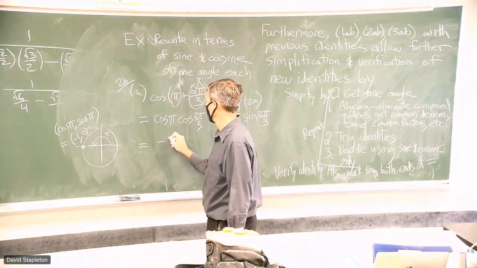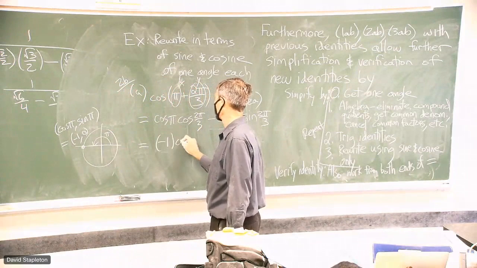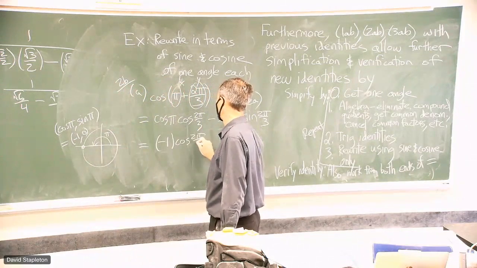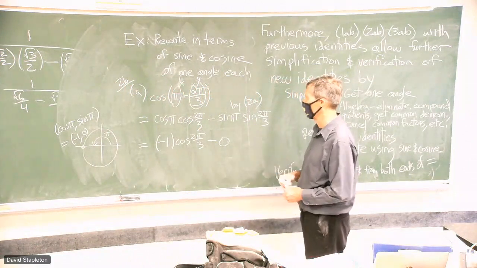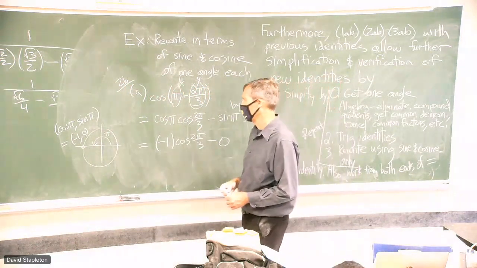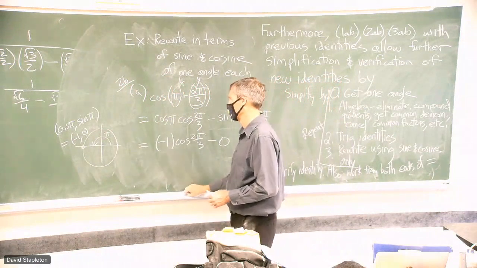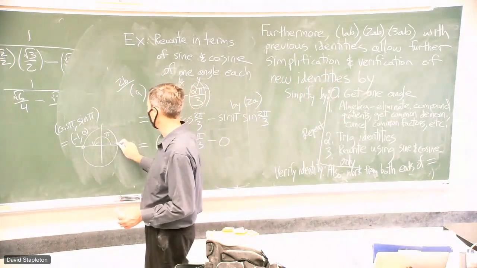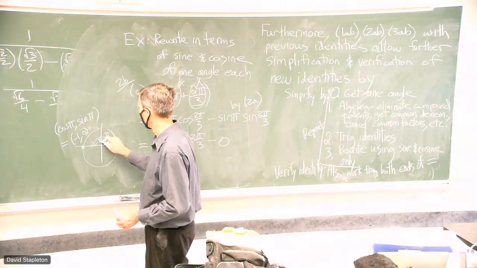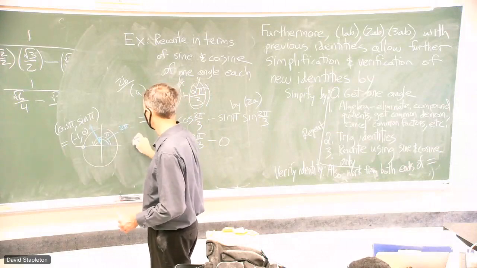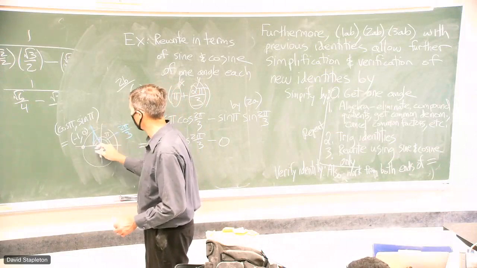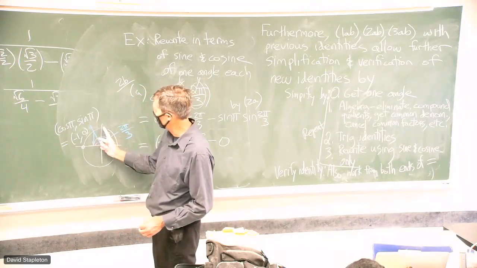So this is -1 times cosine 2 pi over 3 minus 0 times something, which is 0. But I didn't need to compute this. What's the cosine of 2 pi over 3? Well, I can figure that out on the circle. Drop the perpendicular, and that's 2 pi over 3, and it's pi in the whole thing.